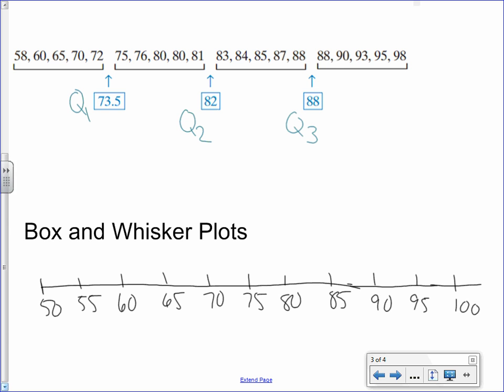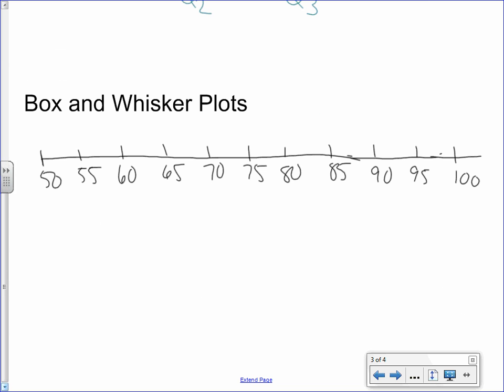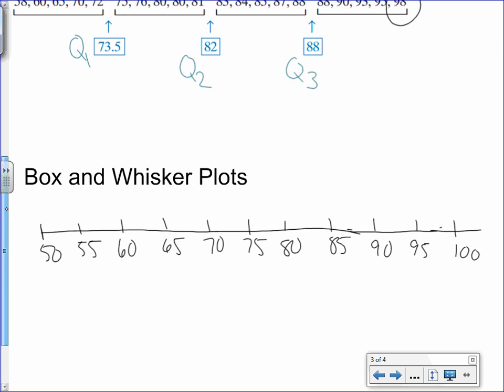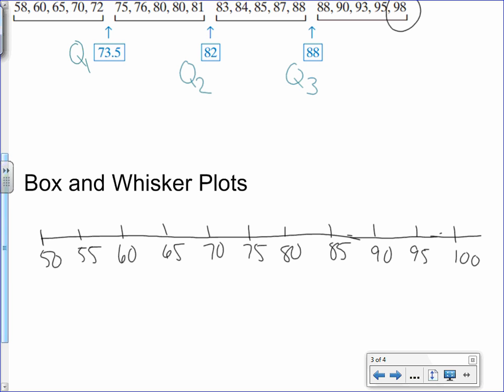100. I gotta put my biggest value, which was 98, so I'll do it below. If not, I'm gonna run into my wording. Okay, so my biggest value is 98, so that's like right here. My smallest value was 58, so that's like right here.